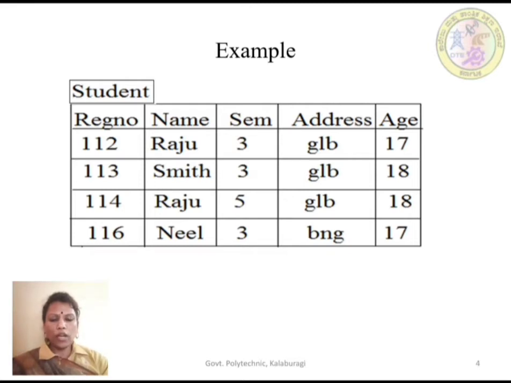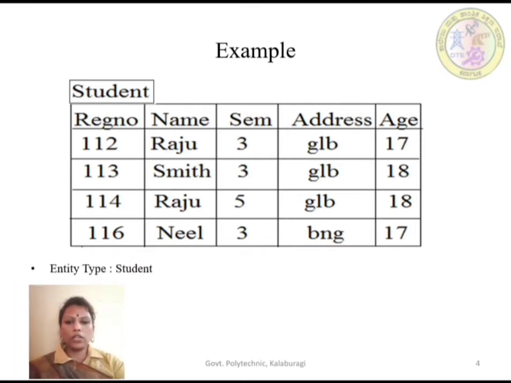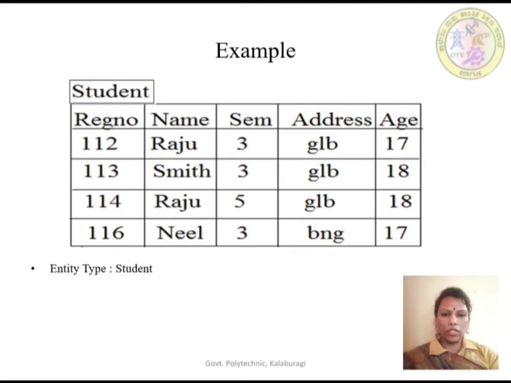These 4 records belong to the same entity type, right? That is the student entity type. That's why here the entity type is student.